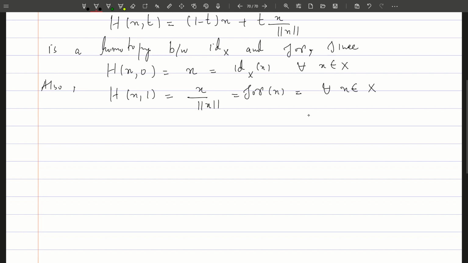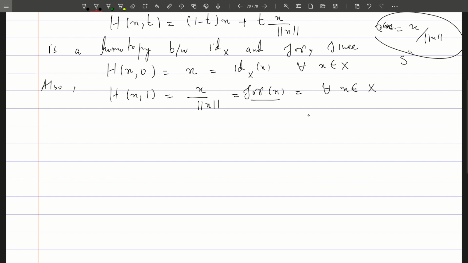So x over norm of x is the same as the retract of x, and it is the same as J composite R of x, because J of R of x is the same as R of x, but this is in X. So this is an element of X, and this is an element of Sn.